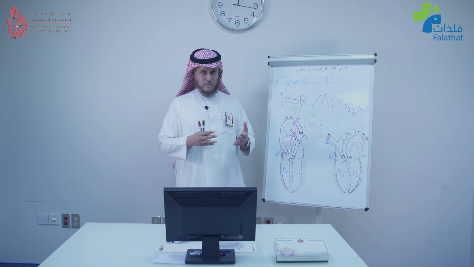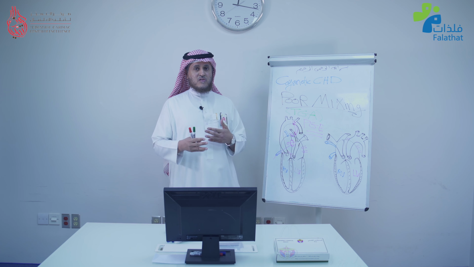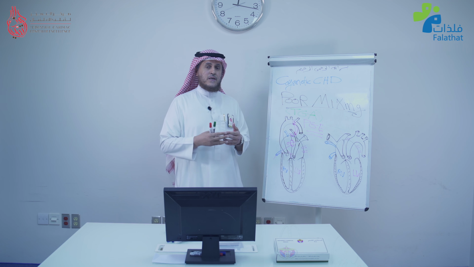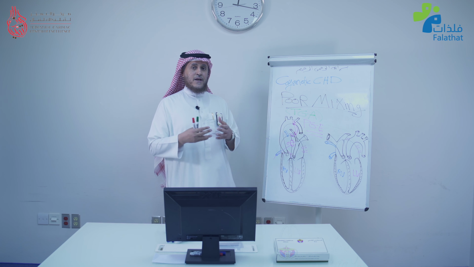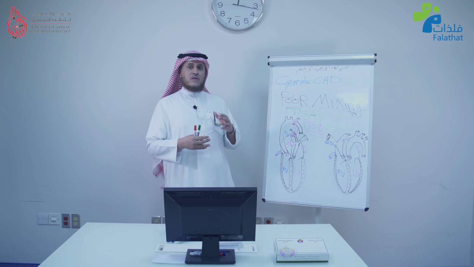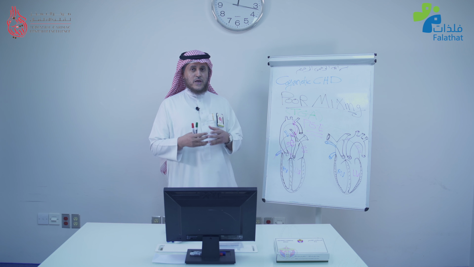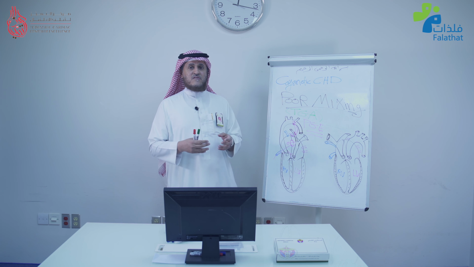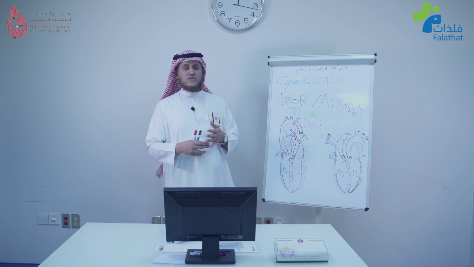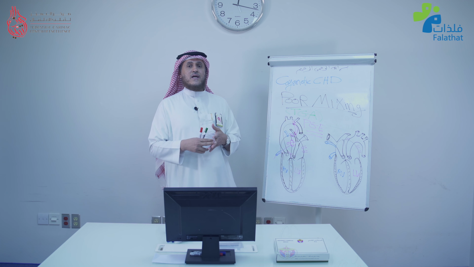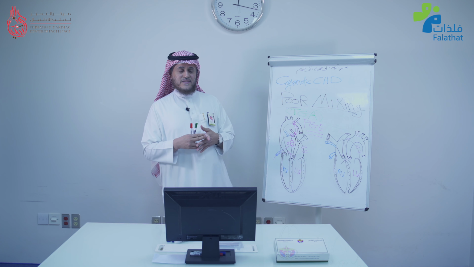The severity determines the amount of pulmonary blood flow and the returning oxygenated blood, and also the amount of the right to left shunt. The more obstruction in the subpulmonary or the pulmonary valve, the less flow, the more right to left shunt, the more cyanosis, and the less obstruction, the more flow, the less right to left shunt, and better saturation.